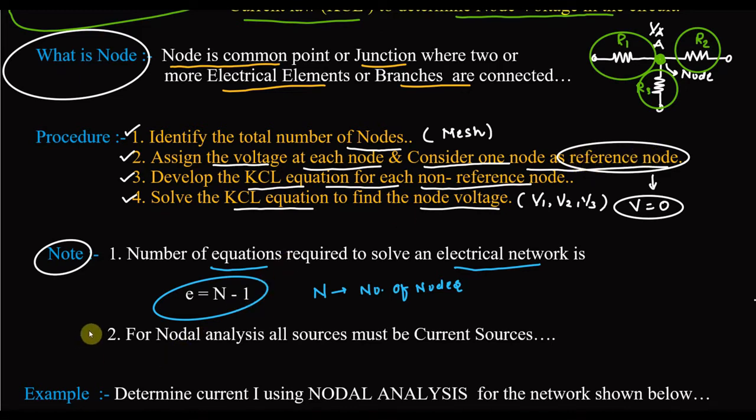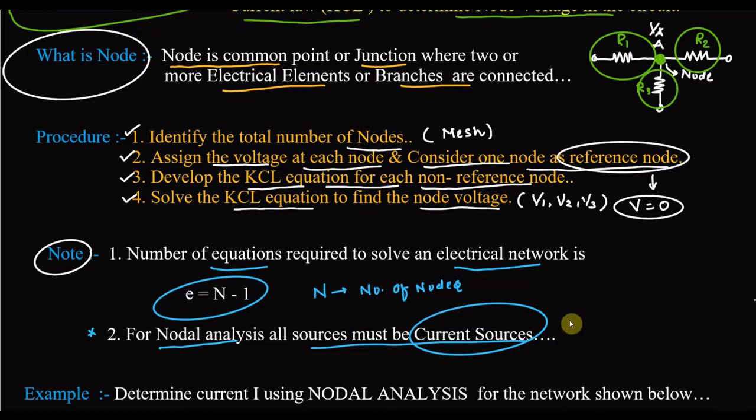The next and most important point here is that for nodal analysis, all sources must be current sources. So take care that all sources must be current sources. If there is any voltage source, we will convert that voltage source into a current source with the help of source transformation.